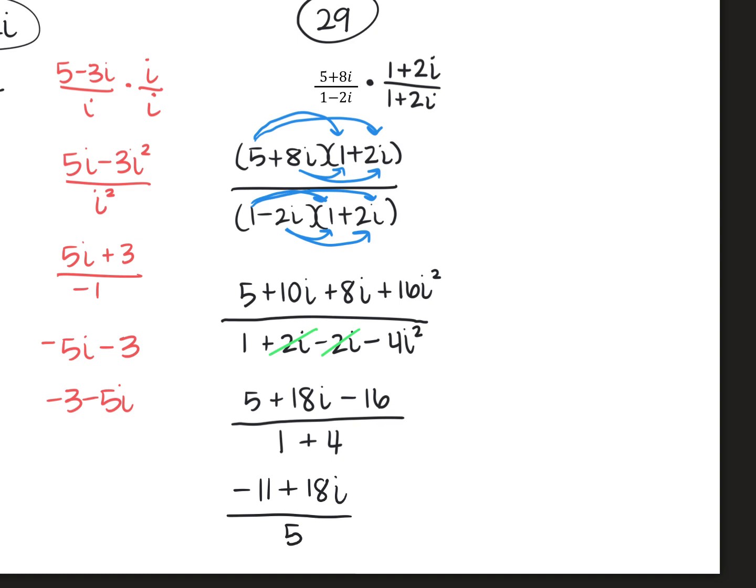Okay. Now, if I wanted to write this so it looked more similar to that complex number form, a plus bi, where we have the real number plus my imaginary part, I can write it as negative 11 fifths plus 18 fifths i.